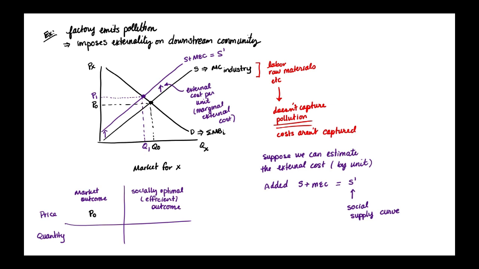Because it operates on the black supply curve that incorporates the actual cost of production. Labor, energy, raw materials. And the market is going to end up with how many units being exchanged? Q0. But the socially optimal level is different, right? So what price is socially optimal to charge for X? P1. And what quantity is socially optimal? Q1.